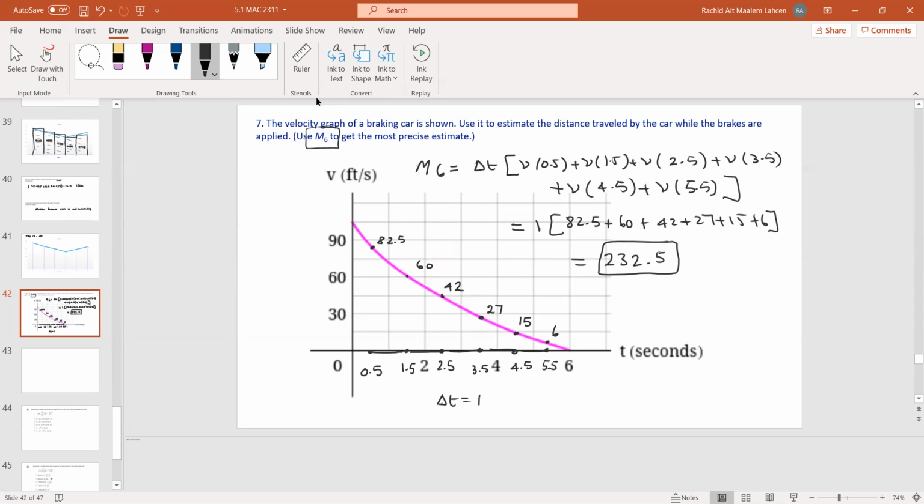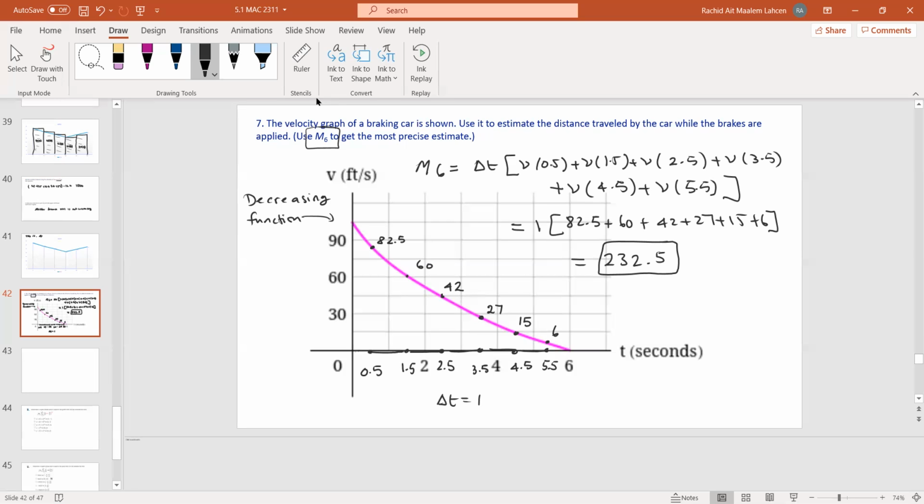So the velocity graph is given. Use this to estimate the distance traveled by the car while the brakes are applied. And that's it. So we can see that this is a decreasing function, right? So for this decreasing function, if we use the left endpoint, we're going to overestimate.